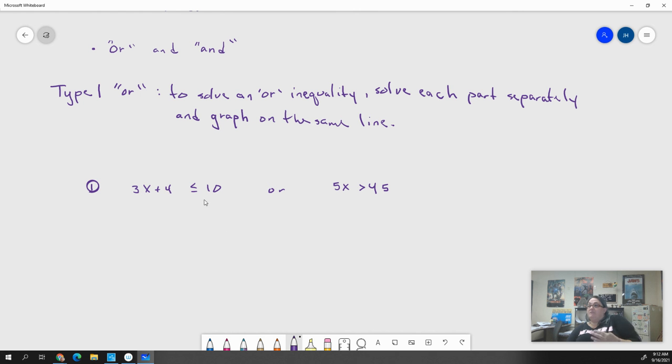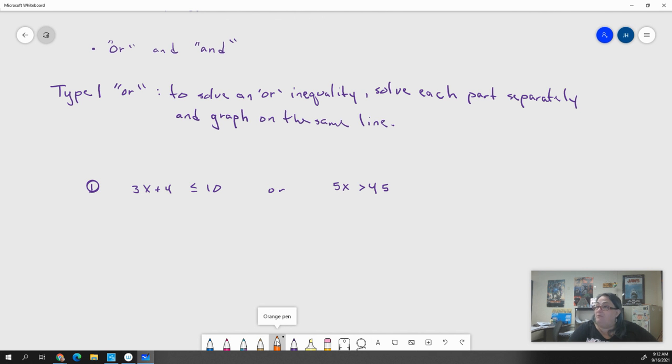Now, these are not complete problems. I have to have my x's isolated, right? My variable has to be isolated, just like earlier this week when we were solving simple inequalities. We had to get that x all by itself, and we still have to do that. Now we have to do it twice on these, because we have two separate problems.